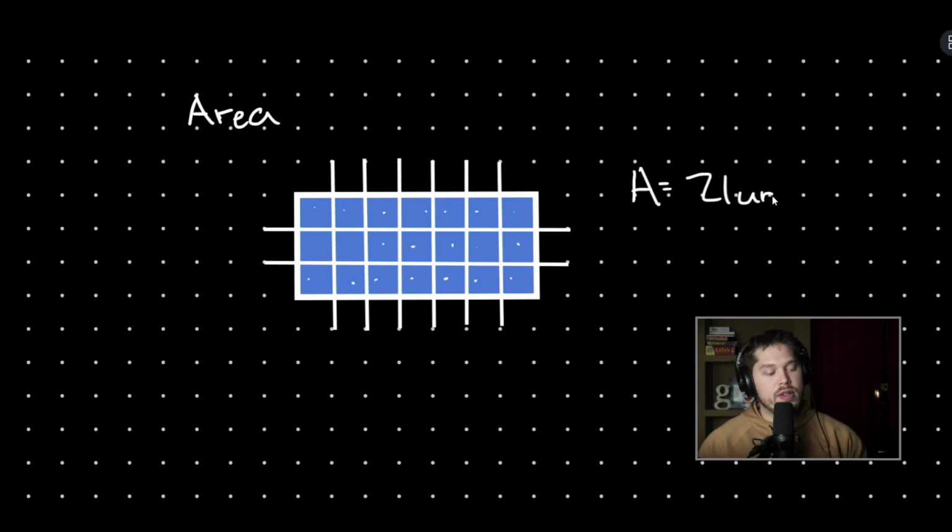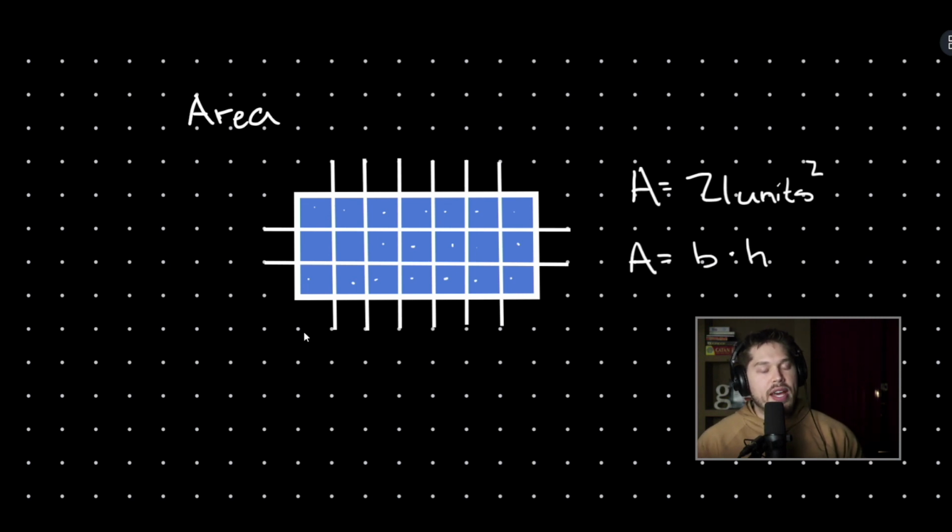So we're going to say units squared. Whenever you find the area of your shape, your units are always squared. The formula for the area of a rectangle is simply the base times the height. The base is the length of the bottom part of your shape, and this length is 1, 2, 3, 4, 5, 6, 7.